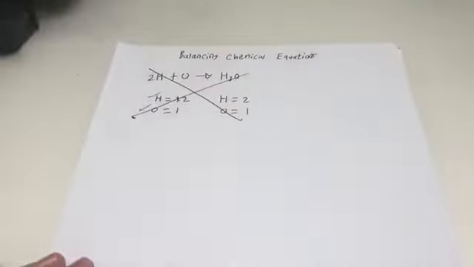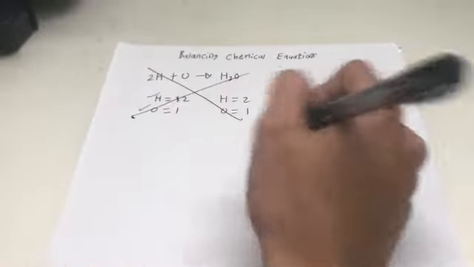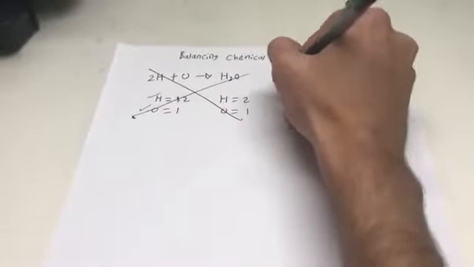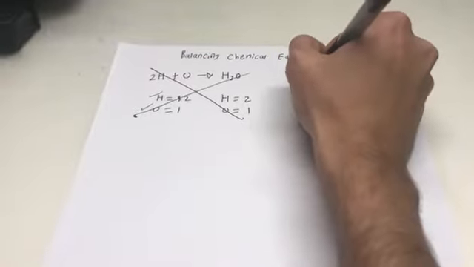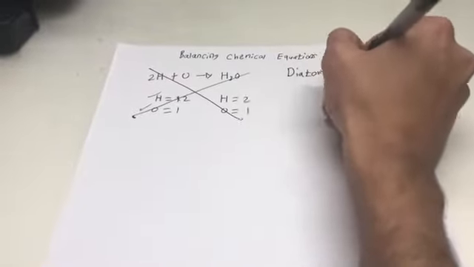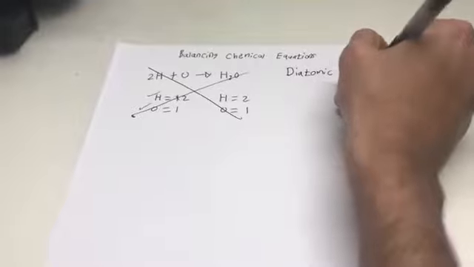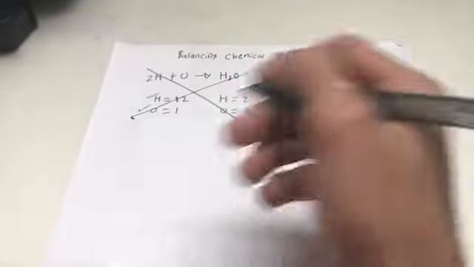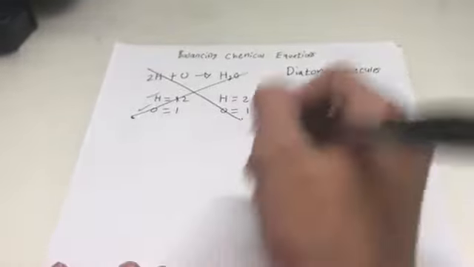But this chemical equation is actually wrong, because first we need to learn about something called diatomic molecules. A good way to remember diatomic molecules is Brinkelhoff.